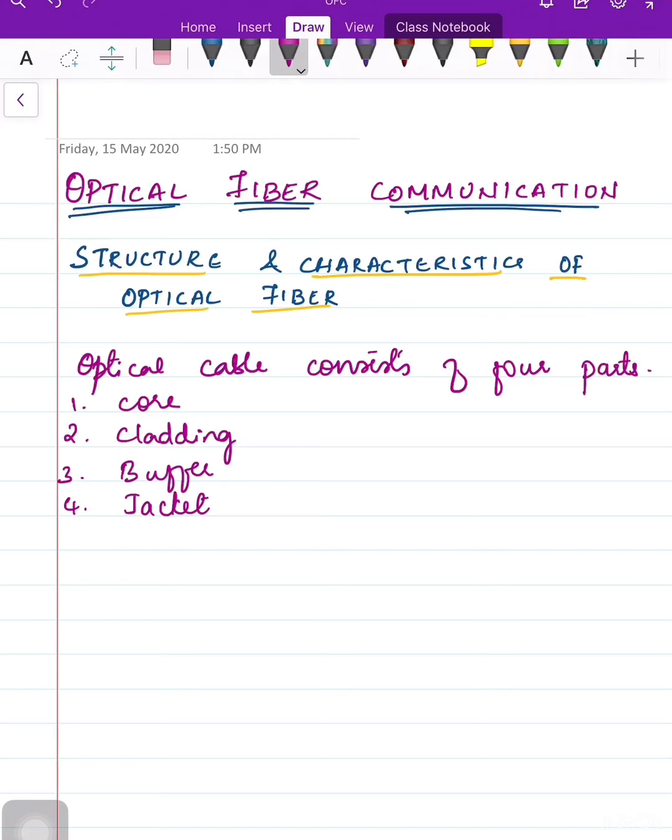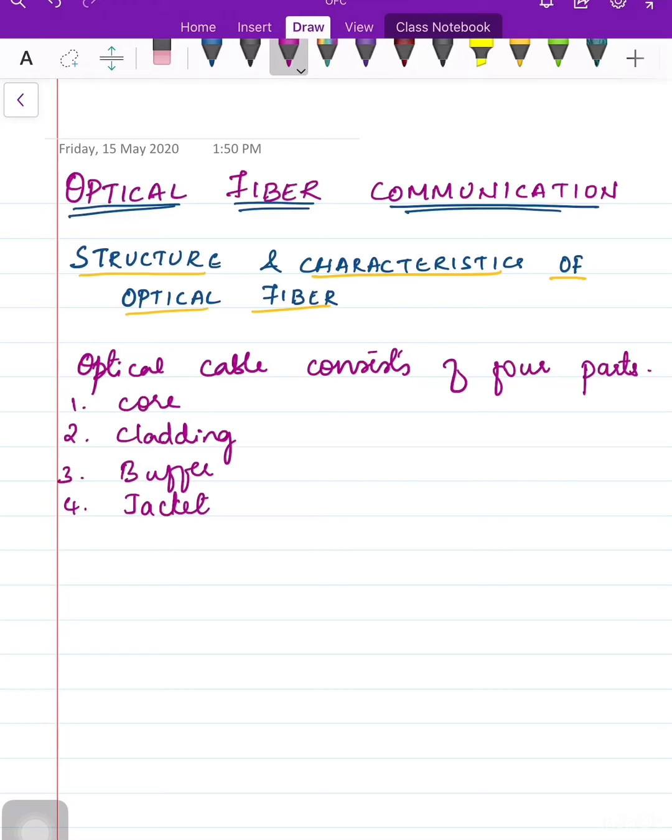The core carries the light, as I already told you; it is the one component which carries light. It is the smallest and the most important part of the optical fiber, an imperative basic component. The optical fiber core is usually made of glass, although some of the time we also see cores made of plastic.